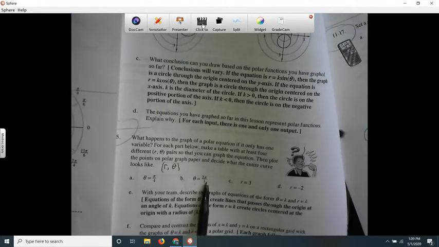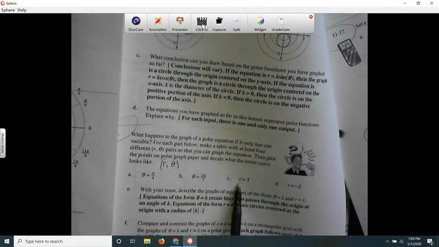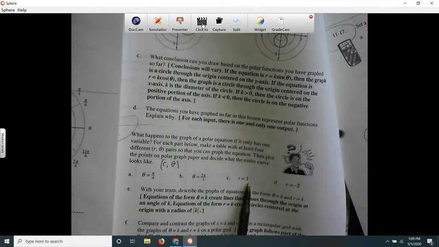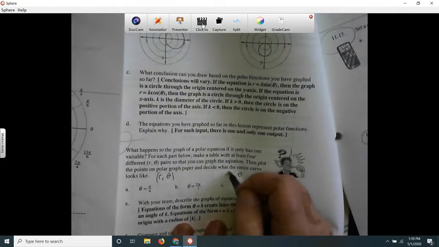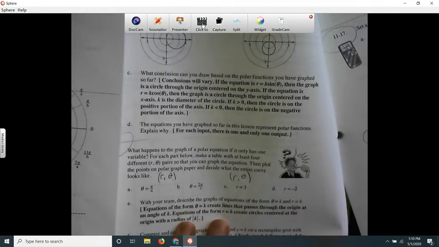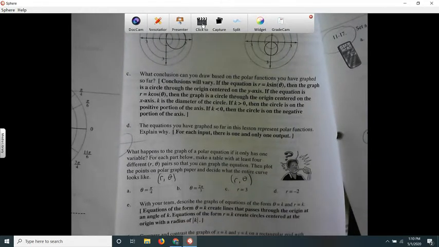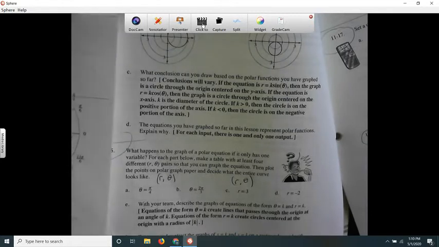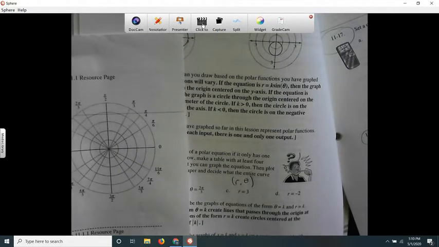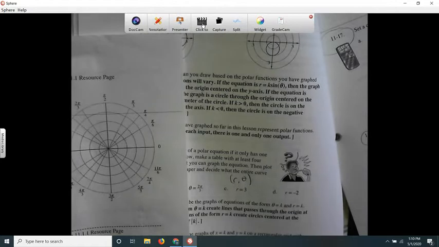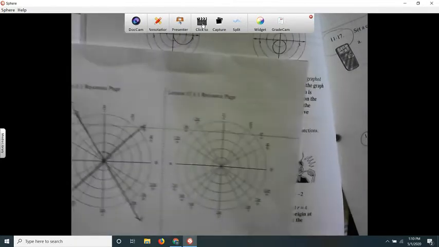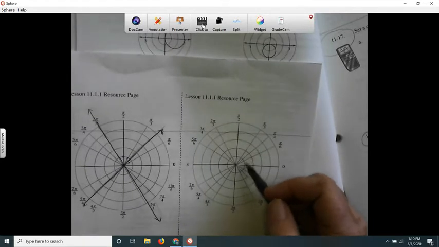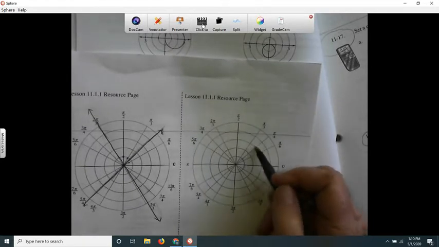Okay, that's those two. And then what if I just say r equals 3, and remember it's r, theta. So I can plug anything in for theta. I could plug in pi over 2, or pi over 3, or pi over 4. So if it's just r equals 3, then if I count these grid lines as 1, 2, 3, my radius is 3.